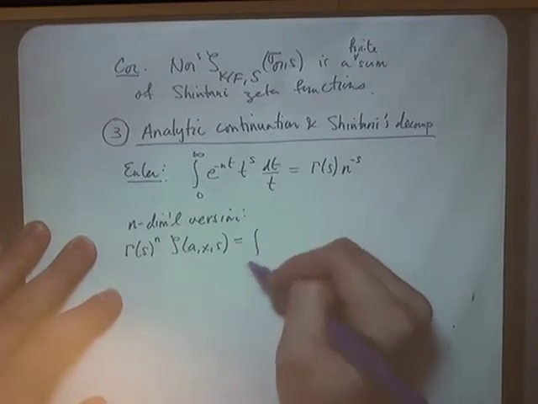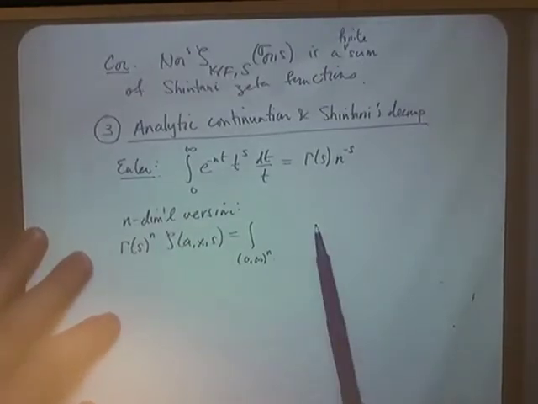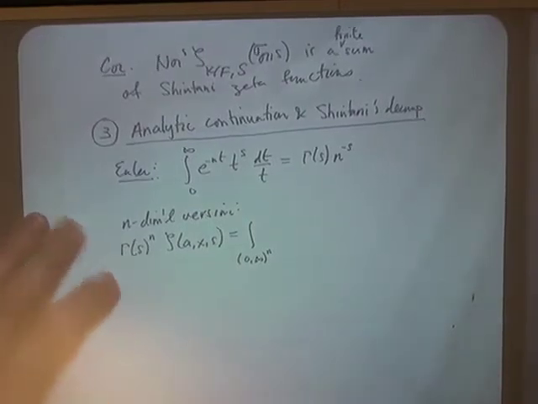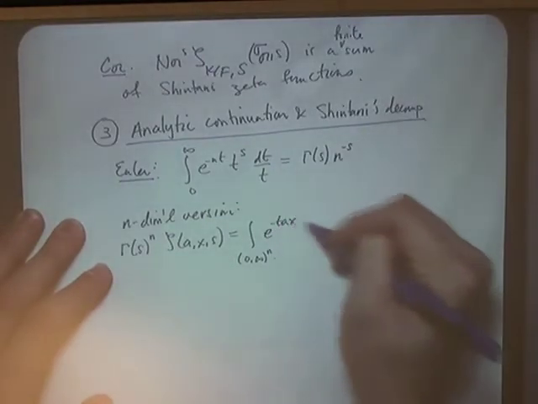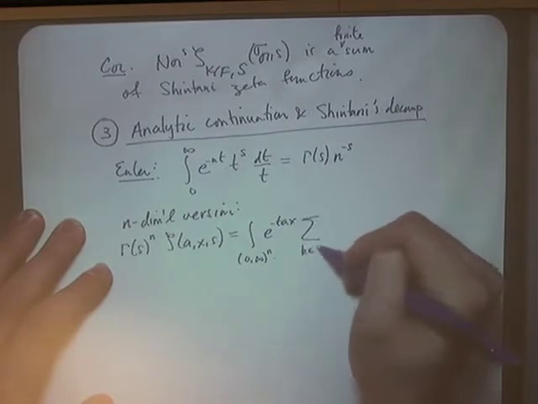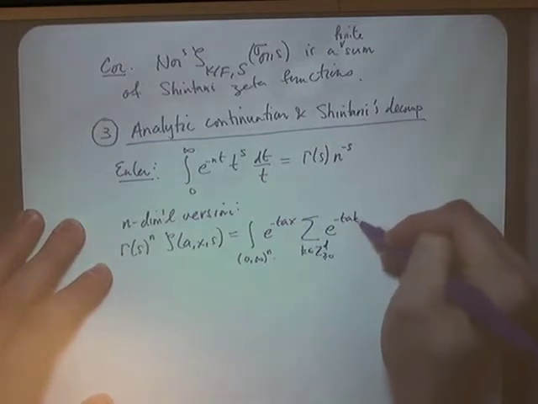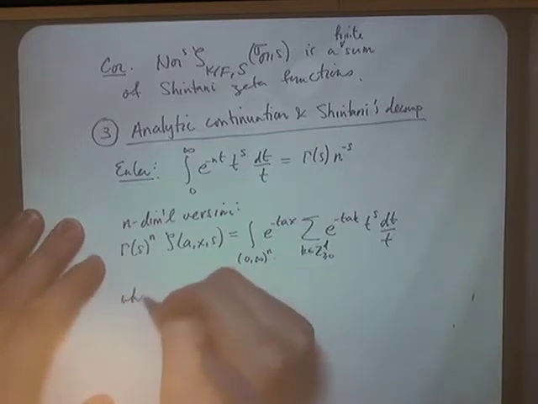This will be the integral over n copies of the positive reals of e to the minus tAx times the sum over d-tuples of non-negative integers of e to the minus tAk, t to the s, dt over t, where I should explain some of the shorthand.